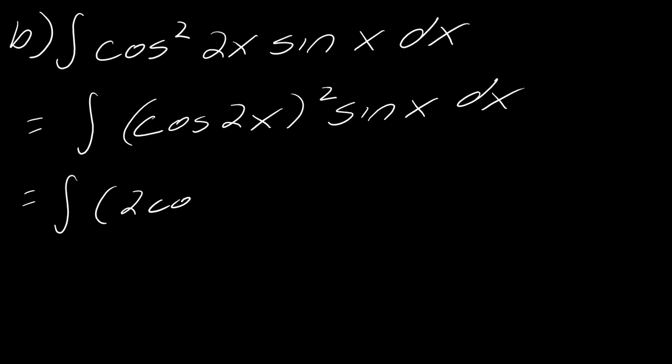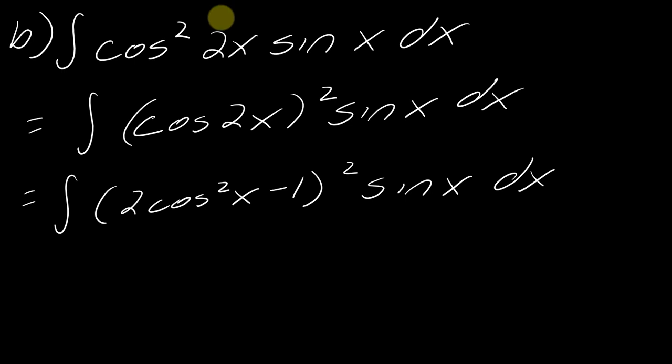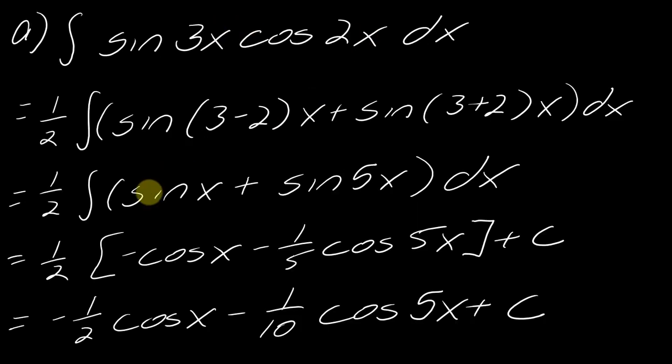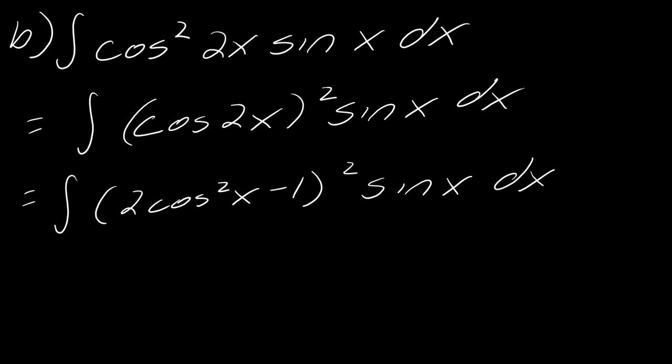So 2 cosine squared x minus 1 squared sine x dx. This actually resolves some problems for us because I have now rewritten this without the 2x, so now I've got cosine x and sine x, which probably means that I can use a substitution here.